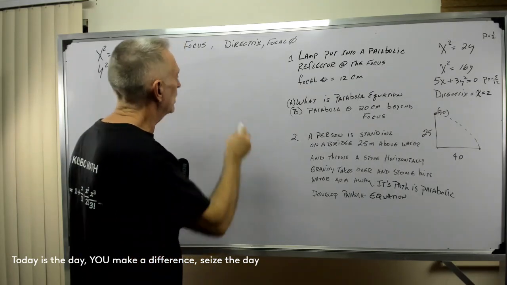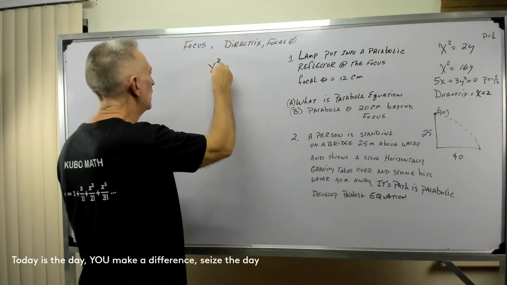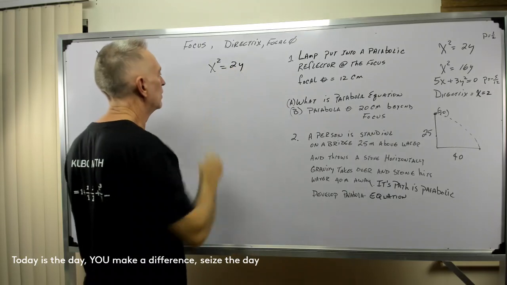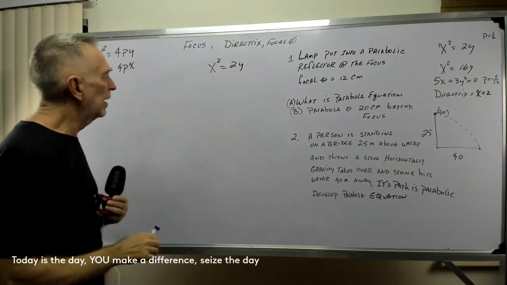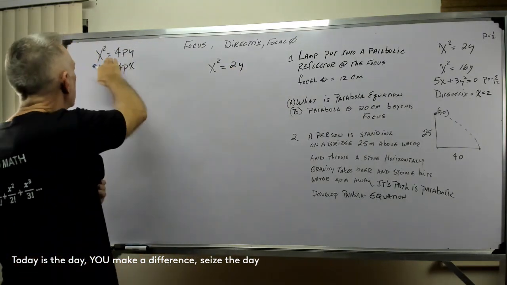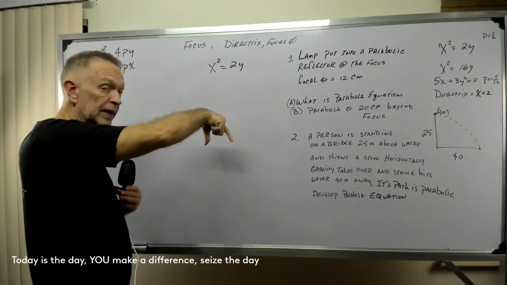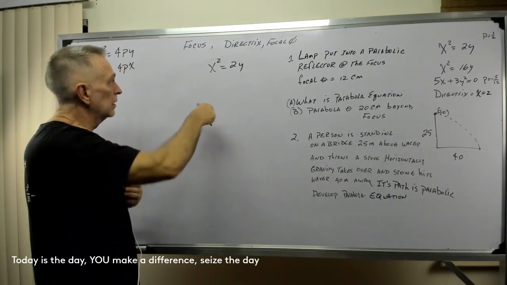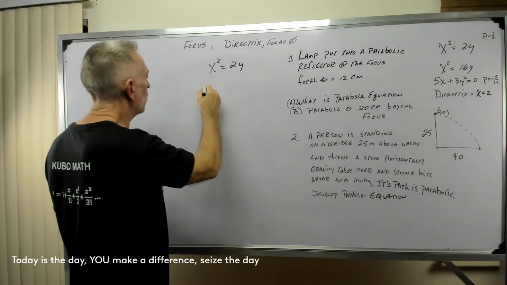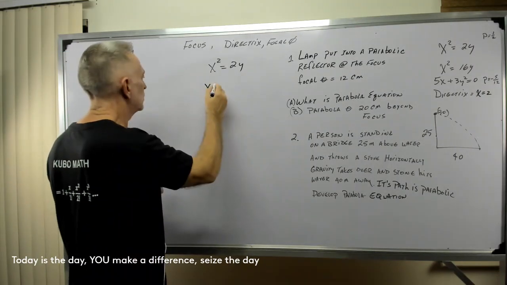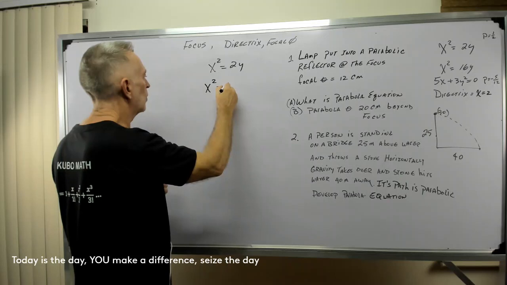What if we had x squared equals 2y? What could we say about that? Well, we know we have this situation, so it's either open up or open down. Okay, so the form of the equation is x squared equals 4py.